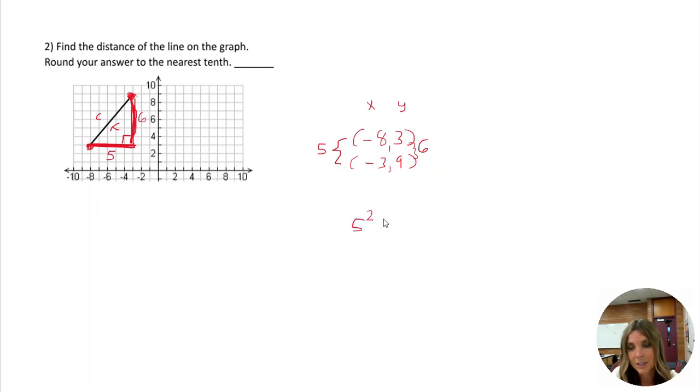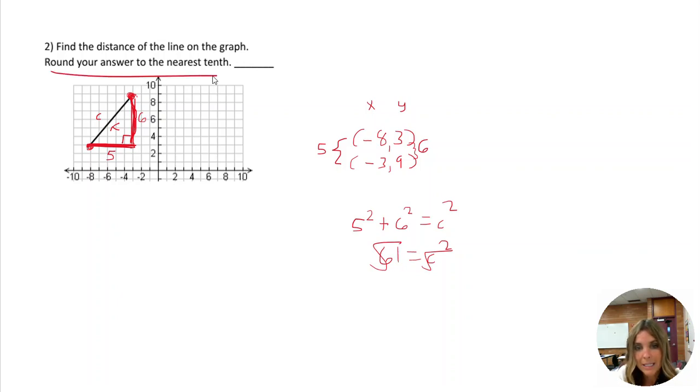And I'm going to do a squared, which is 5. So 5 squared plus 6 squared equals c squared. And then this is going to be 25 plus 36, and that is going to be 61. And then in order to get the c by itself, I have to get rid of the squared by square rooting.